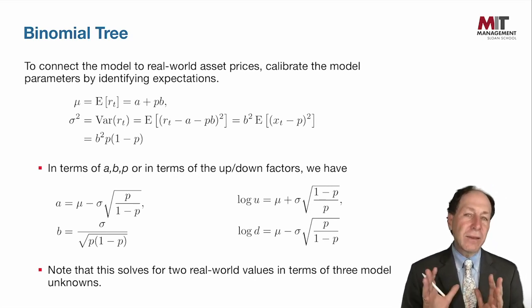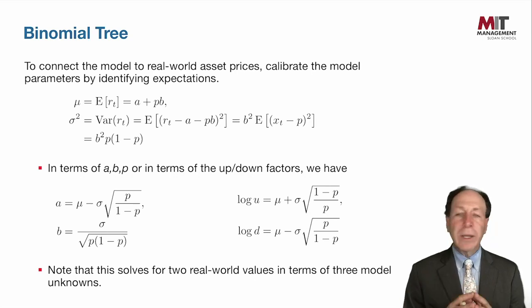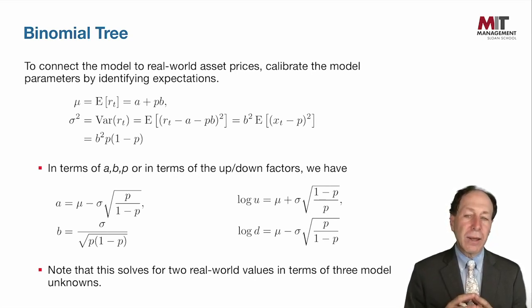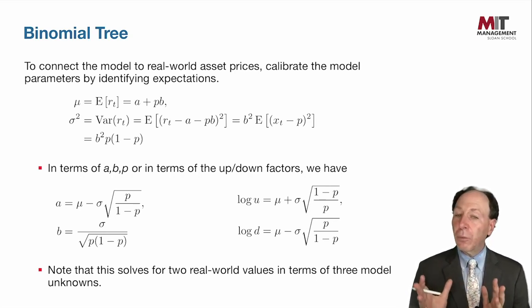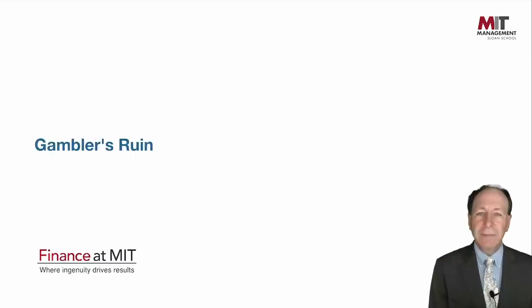Notice that the specification actually matches different numbers of parameters. In this case we have two real-world parameters, mu and sigma, in terms of three model parameters, three unknowns.